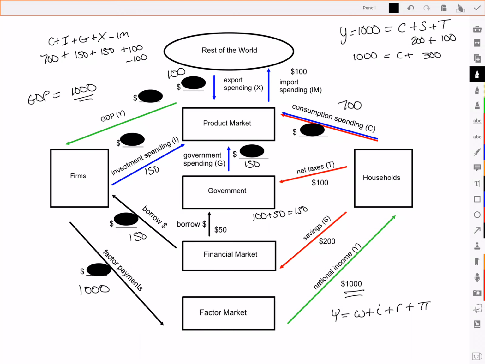Notice here the size of our economy measured by the total value of our final goods and services is 1,000, and the size of our economy based on national income, so the money we make, is also 1,000. Okay, so if our economy is not growing or shrinking, then these two will be equal at any particular time.